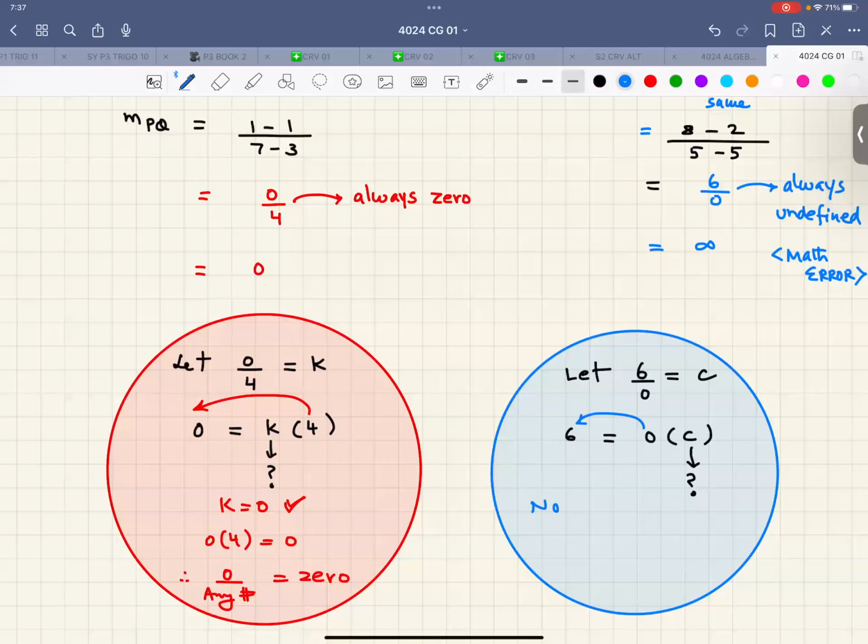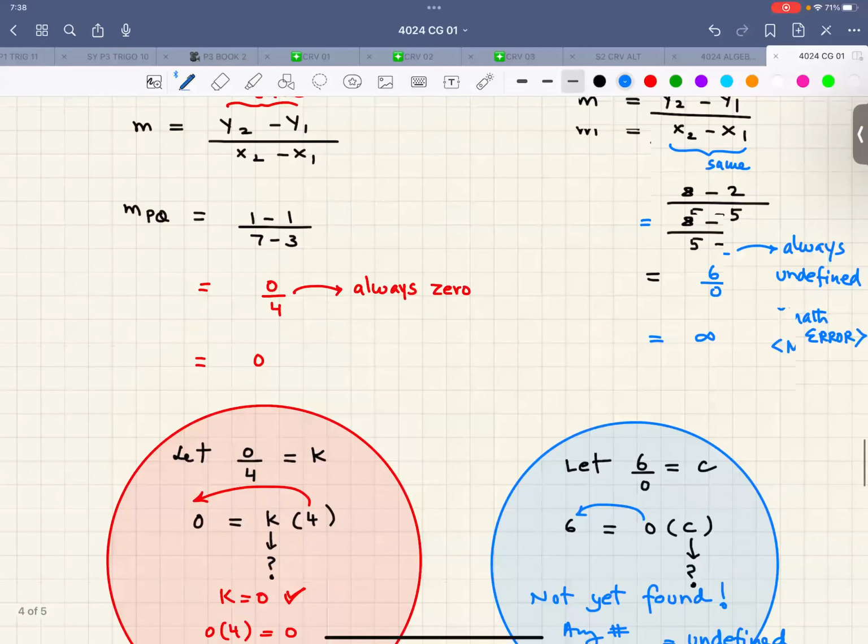We have not yet found anything as such. So therefore, we will say that this is undefined. Any number divided by 0, we write as undefined, or infinity. So I hope this logic is very, very crystal clear.